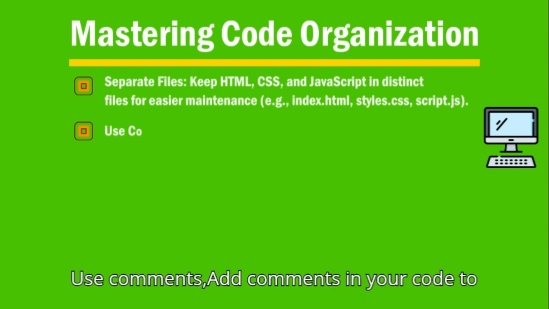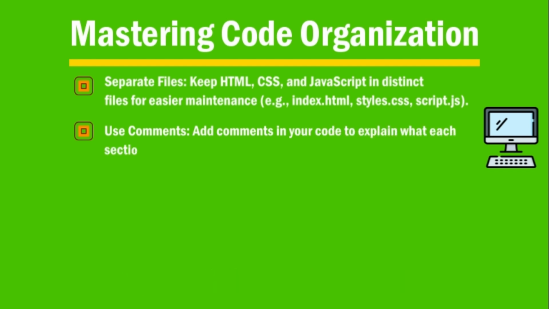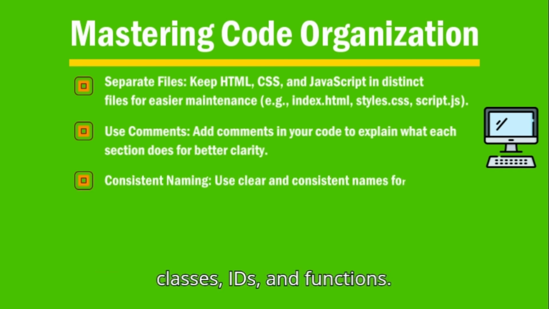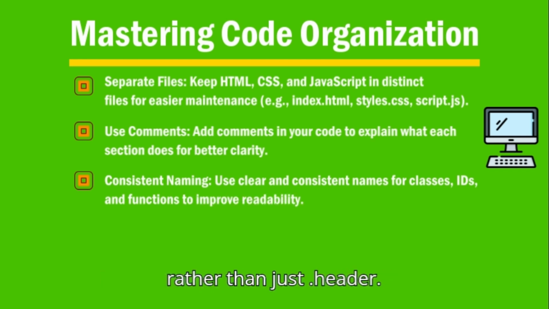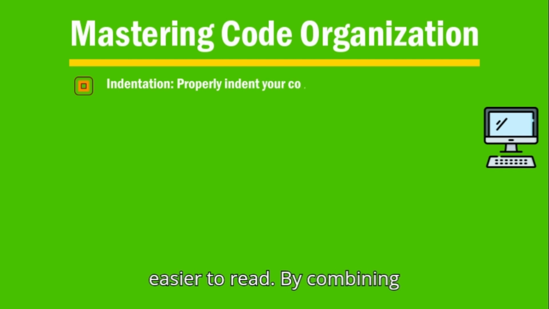Use comments. Add comments in your code to explain what different sections do. Consistent naming. Use clear and consistent names for your classes, IDs, and functions. For example, name a class main-header rather than just .header. Indentation. Properly indent your code to make it easier to read.